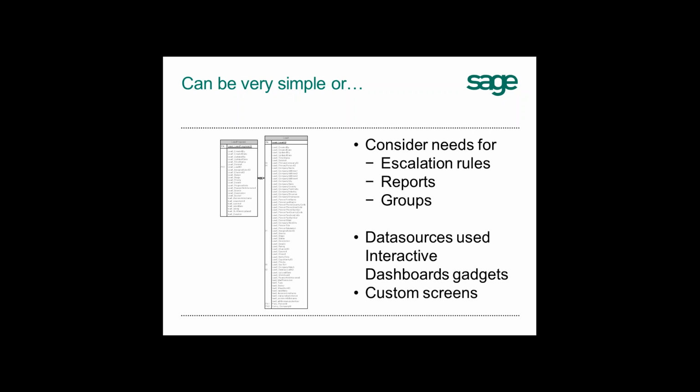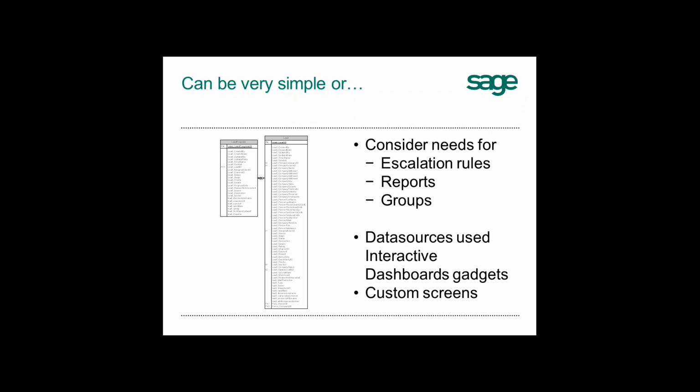And when we come to that point of thinking, I need to create a new gadget that will show me the users that are currently logged on into my system, what I need to do is define a view that will bring the appropriate data into the system.